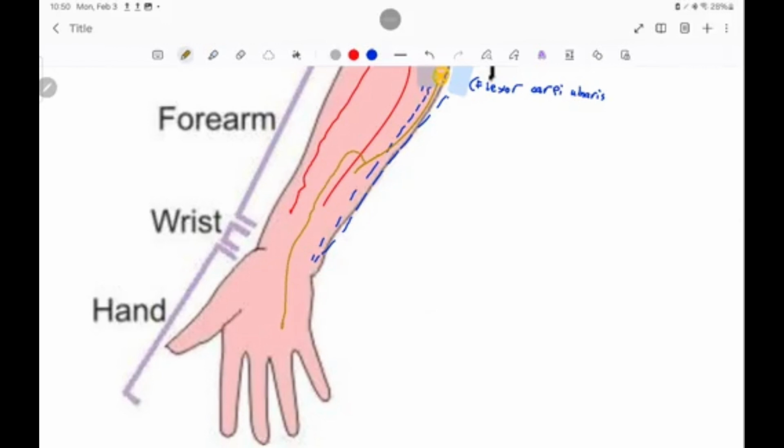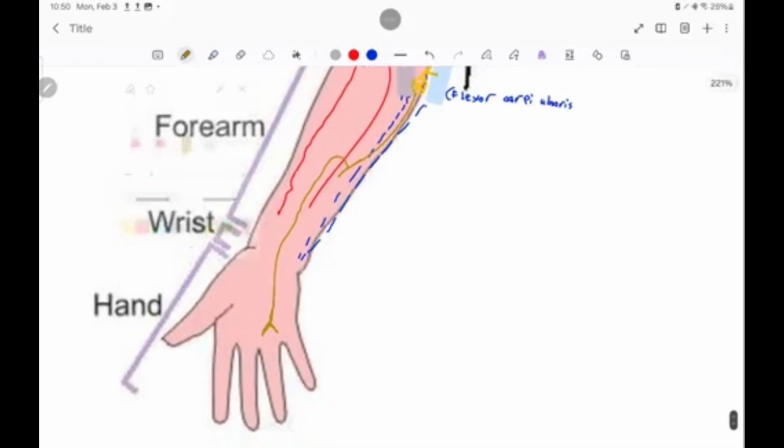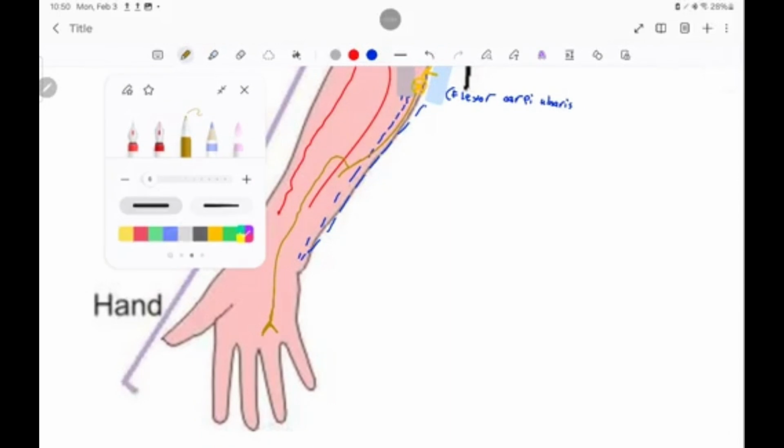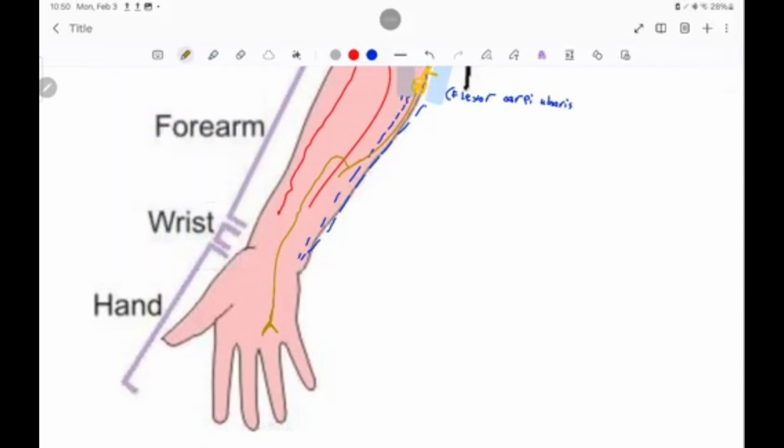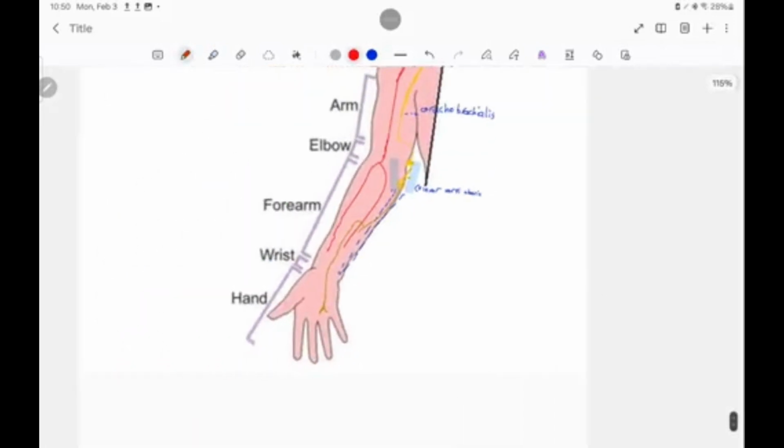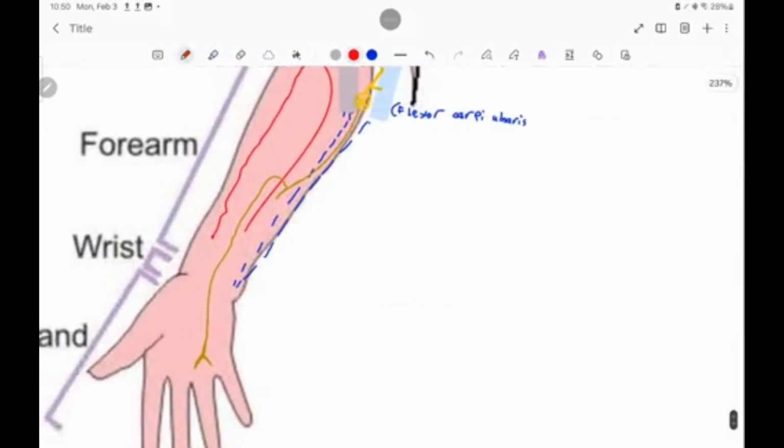Here is the branch. Can you see it? This branch right here supplies the palmar aspect of the hand. It is just a cutaneous innervation. I'll just draw the area that this nerve supplies. Okay, I'll draw the hand. Here is the hand.